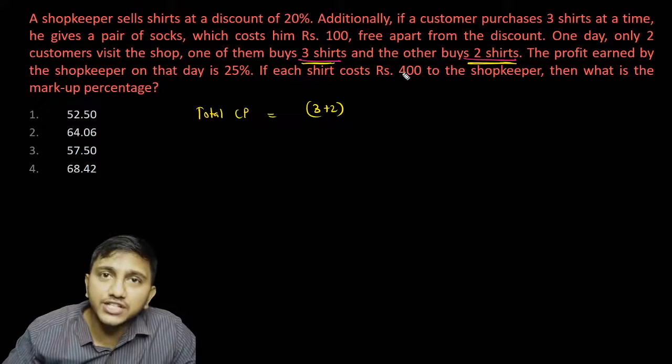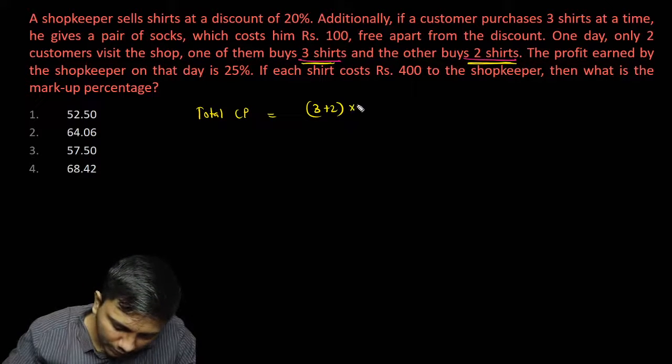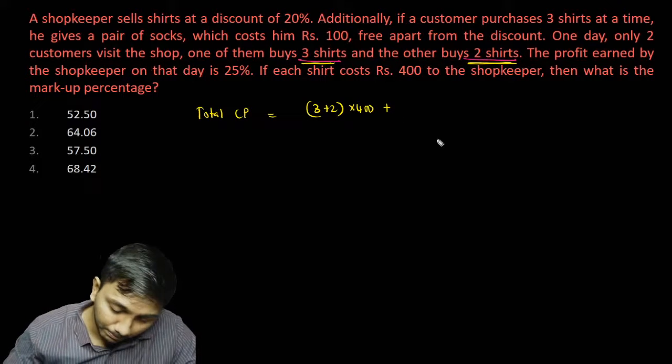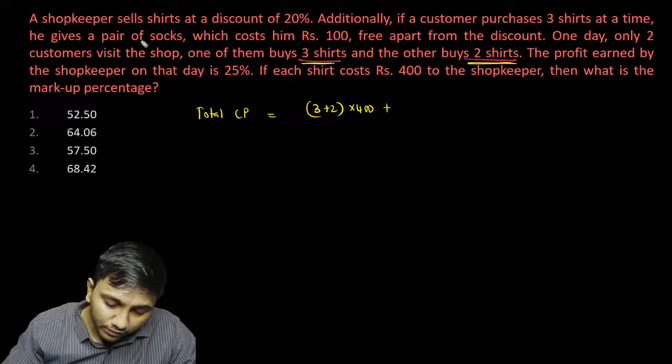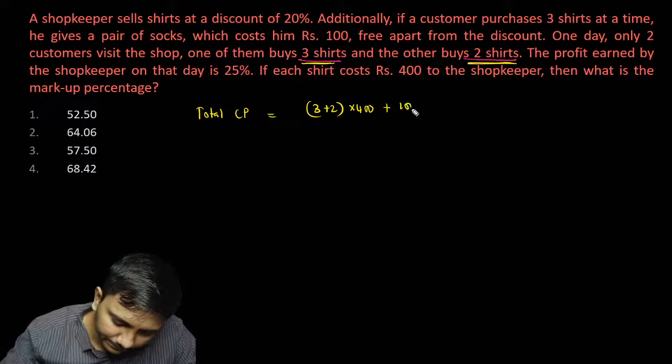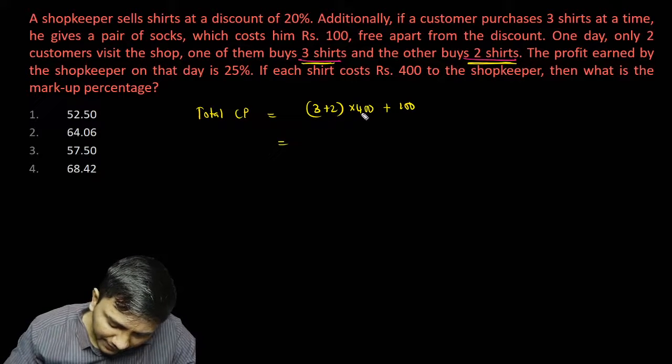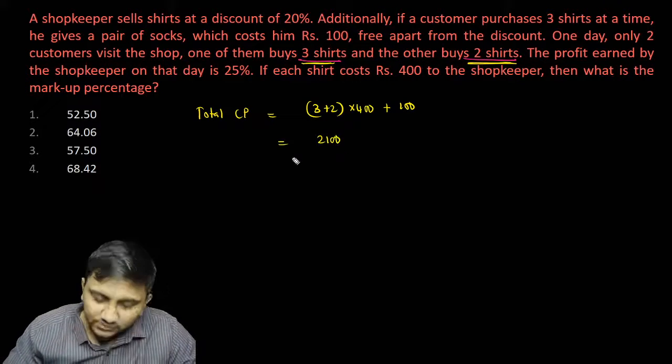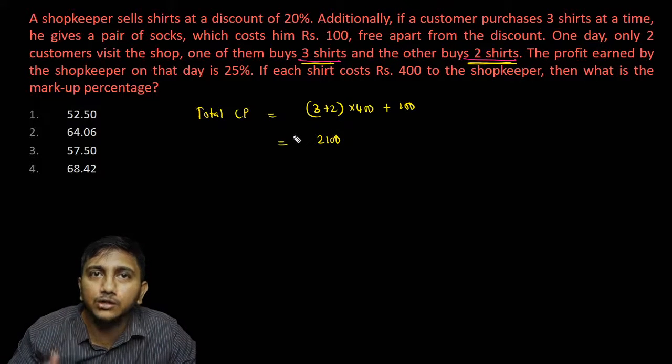And it is given that each shirt will cost 400. So this into 400 plus that additional pair of socks that he would have given for this guy who bought 3 shirts. That's going to be 100. That is 5 into 400, 2000 plus 100. So 2100 is the total cost price he would have incurred to make the sale.